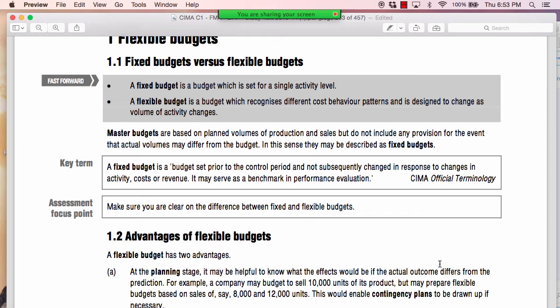The property market. Now the property market was booming, and in 2009-10 it went through a really bad time. Now if I didn't flex my budget, what would have happened? What problems would it have caused?